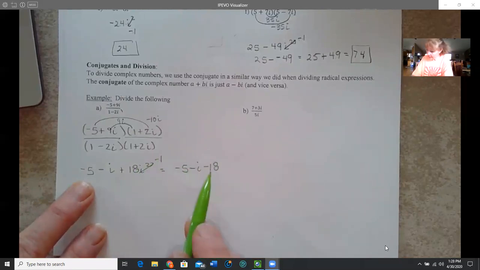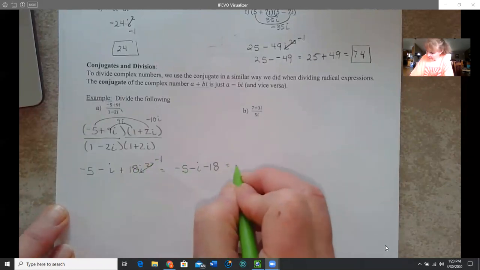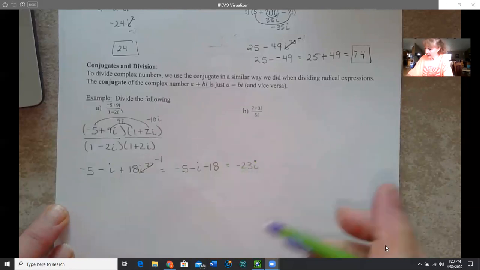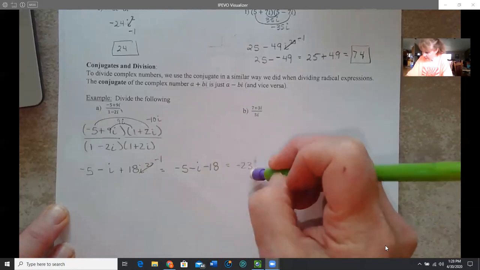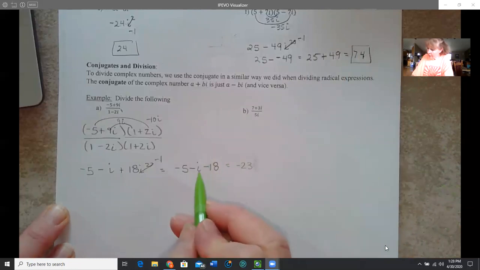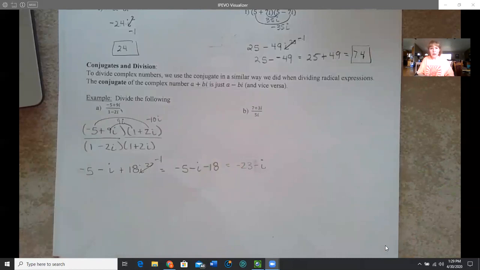Then we combine the minus 18 and the minus 5, which gives us minus 23. No i with those. And then we have a minus i, which needs to stay alone because there's no other i to combine it with. So I used my FOIL method in the numerator and came down to this right here.